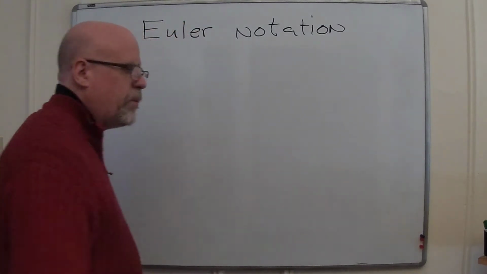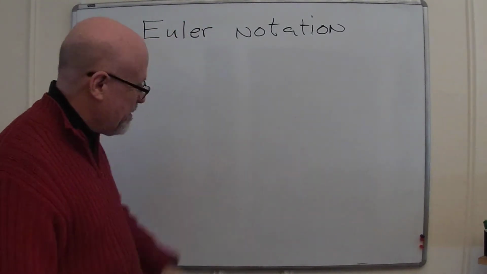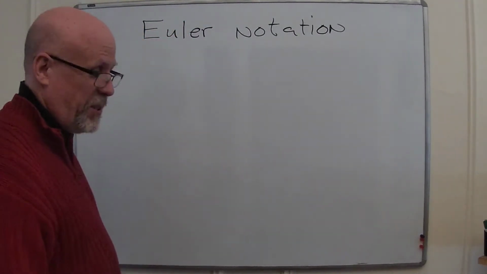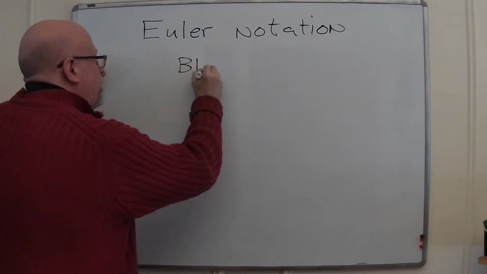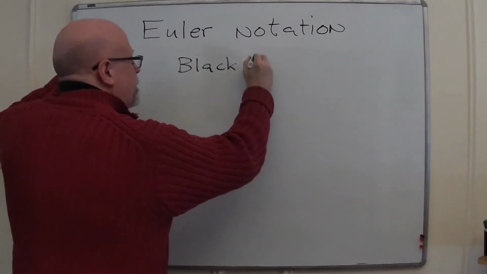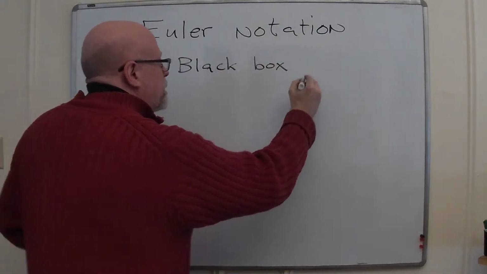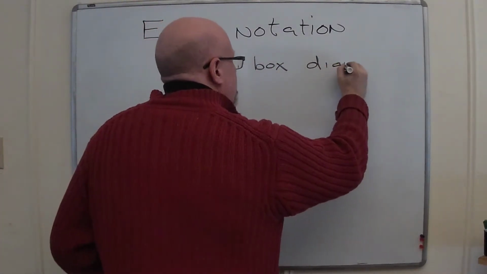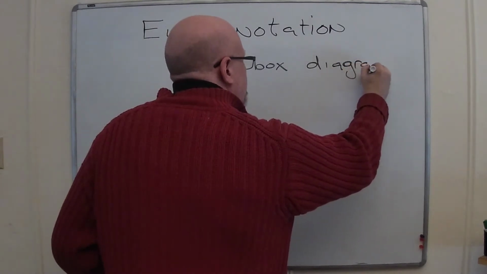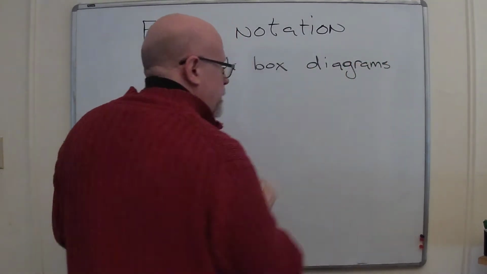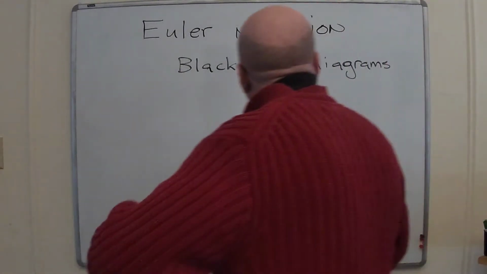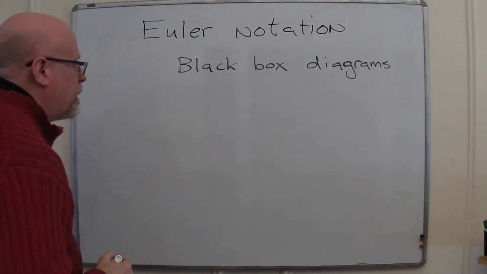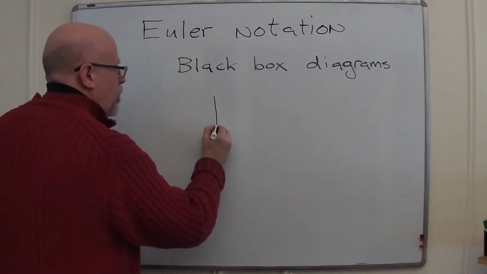Sorry, I was just looking at a physics problem about black body radiation, so I used the wrong word. Especially in electrical engineering, they use black box diagrams, and they look more or less like this.